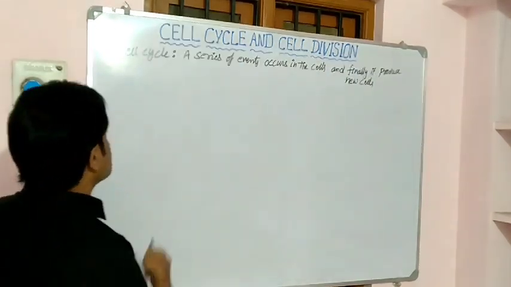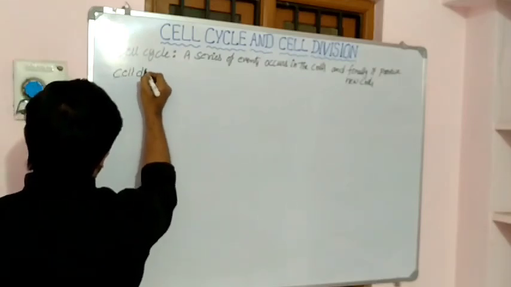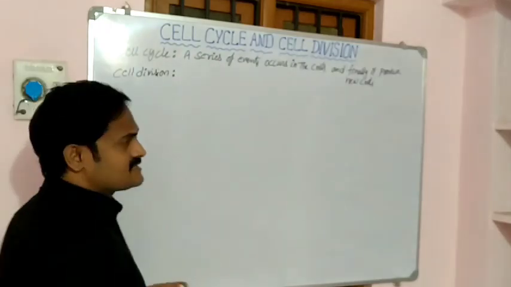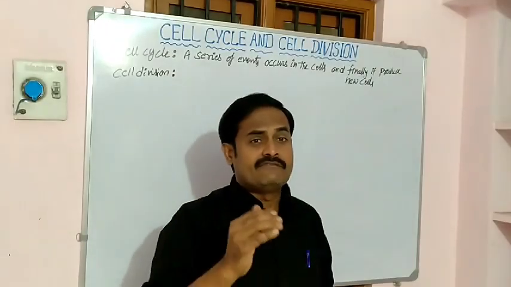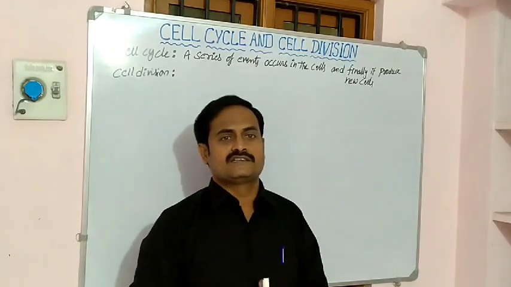Then what about cell division? Cell division means dividing of the cell. One cell is divided into two daughter cells.